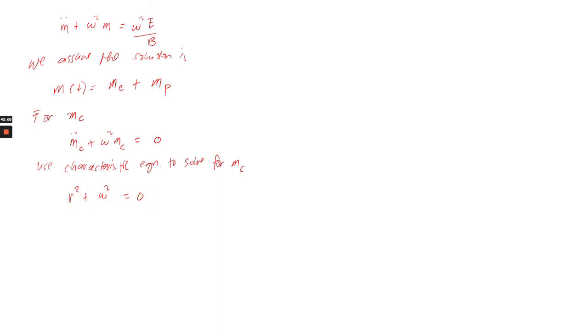Second order derivative corresponds to a square, and since omega squared has no derivative, that is r to the 0, or just 1. The solution is r equals plus and minus i omega.